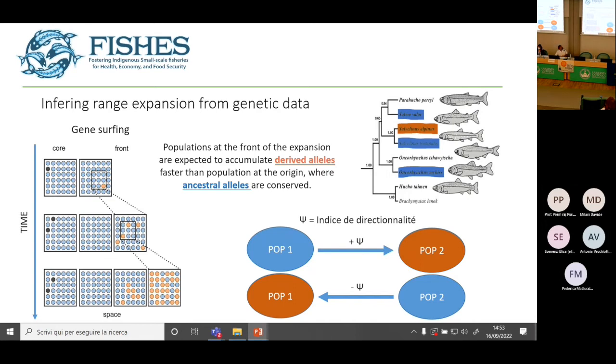So if you have a positive directionality index, sorry, there's no translation there. If it's positive, you can infer that the range expansion happened from population 1 to 2, and if it's negative, you expect the other way around.